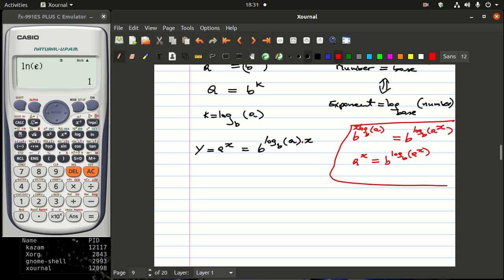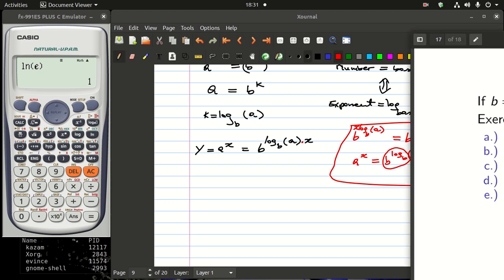So that's also something I want you to take a look at, that this b raised to log base b, they cancel out, and then this and that you will be left with. So that's something that I just wanted to point out, but this is how you would end up converting these things here. Now let's take some of the examples and see if we can use this formula here to solve them.